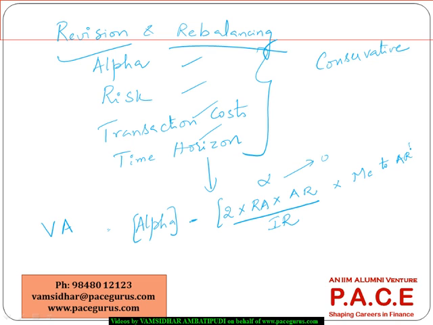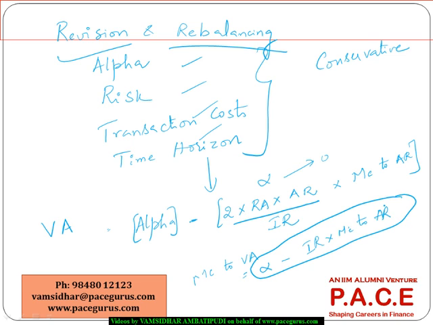So when we are talking about marginal contribution to value addition, I take it as alpha minus information ratio times marginal contribution to the active risk. This is the additional contribution to the value addition.